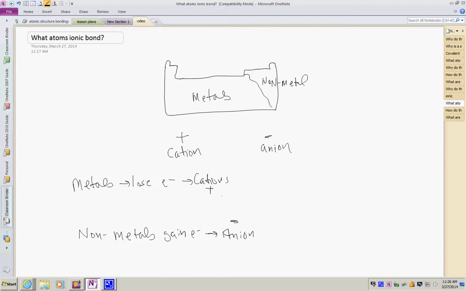One's positive, one's negative, and therefore they attract by Coulomb's law.